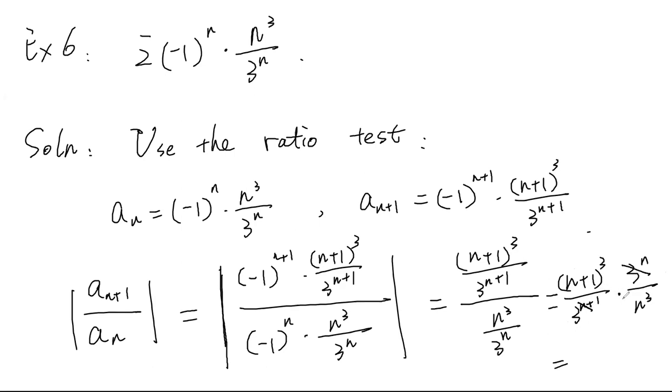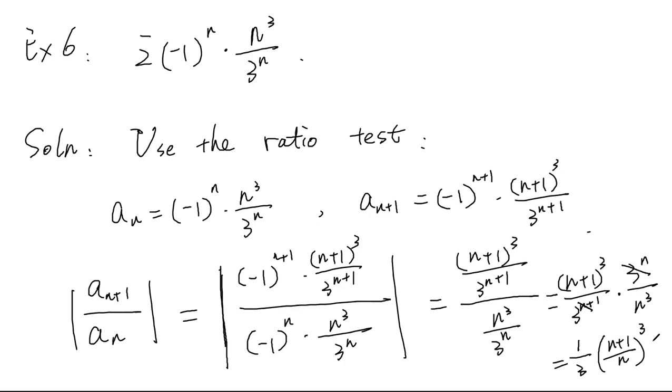There's nothing we can cancel for these two terms. So in the end, the ratio is 1/3 times (n plus 1) divided by n, all cubed. And this is the ratio.